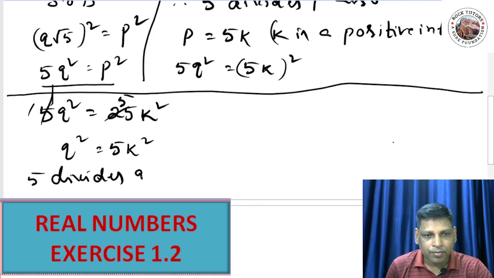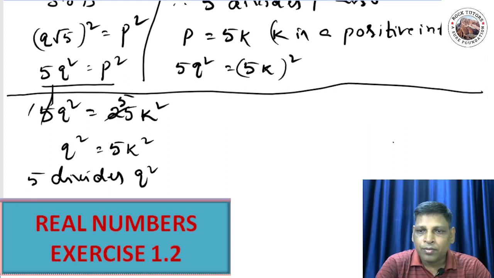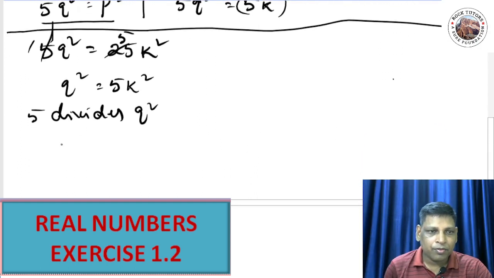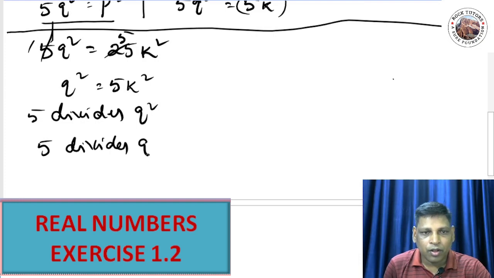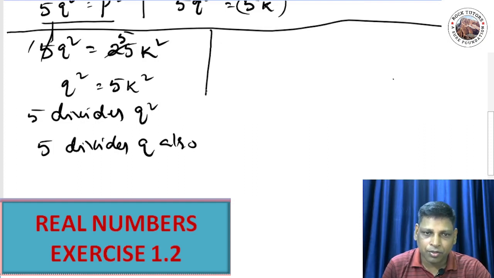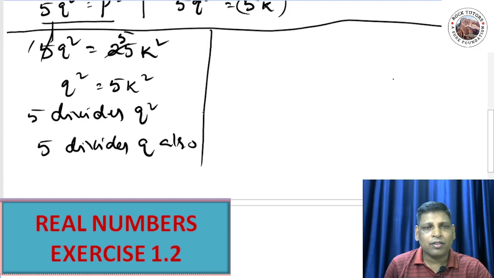That means we can say 5 divides q also. Means what? 5 is a factor of q. So here what we observe, 5 is a factor of p and 5 is a factor of q.